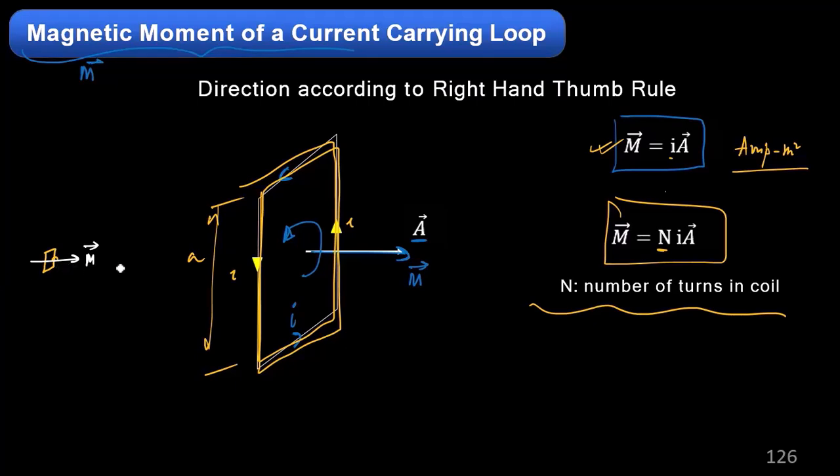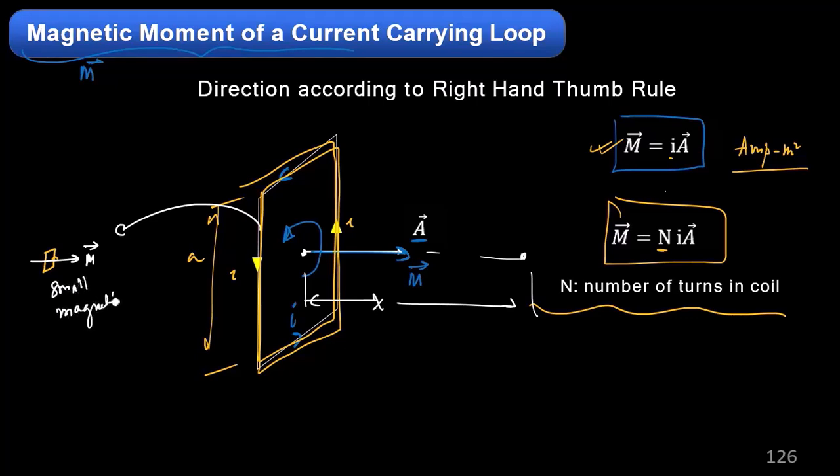So for this magnetic dipole, if I want to calculate what is the magnetic field at a point x distance from this loop, that is nothing but the 2kp by r formula. So the entire formula for the dipole can be applied over here. The condition is that M, what is M? Magnetic moment. Magnetic moment should be small, which means the geometry should be very small. Then only can I idealize that this is acting as a small dipole, a small magnetic dipole. And this is a very important concept.